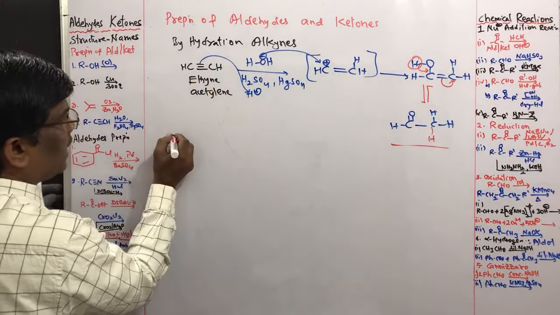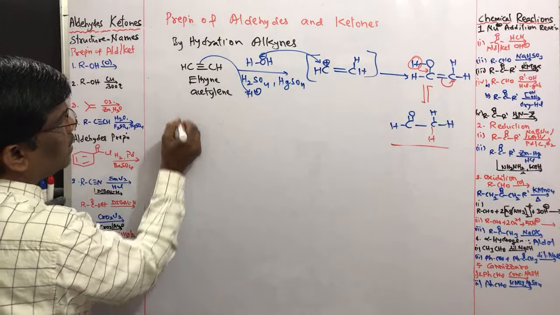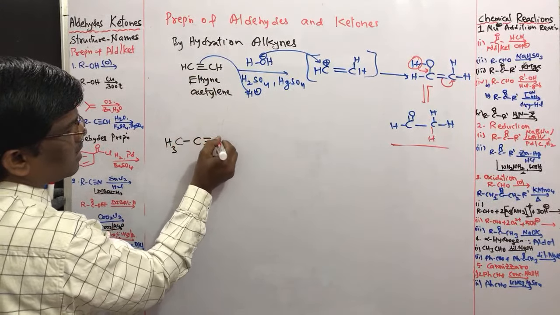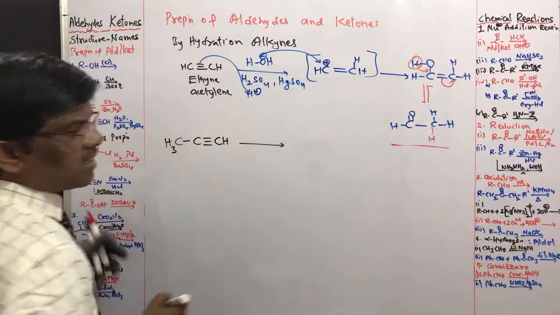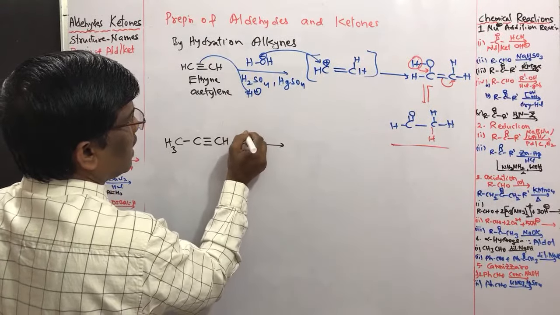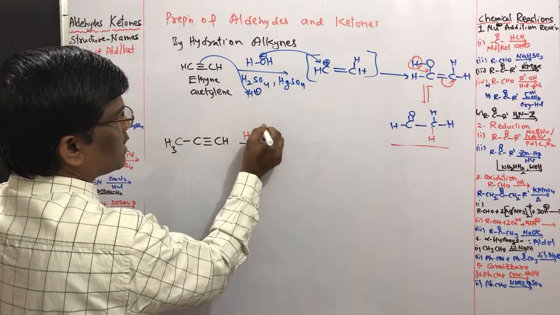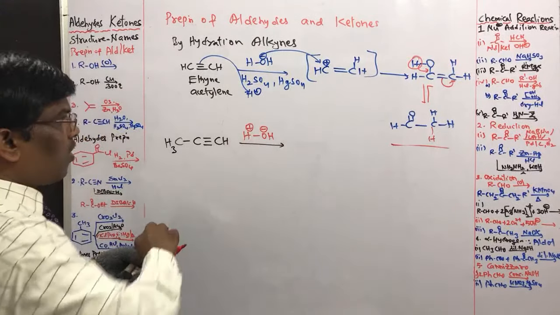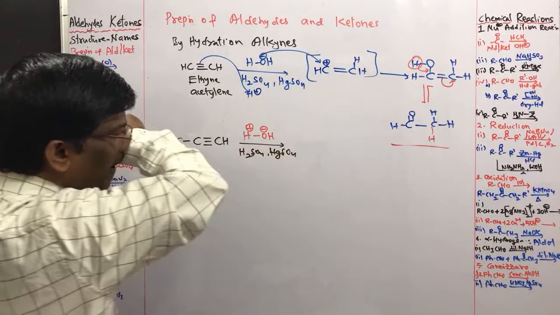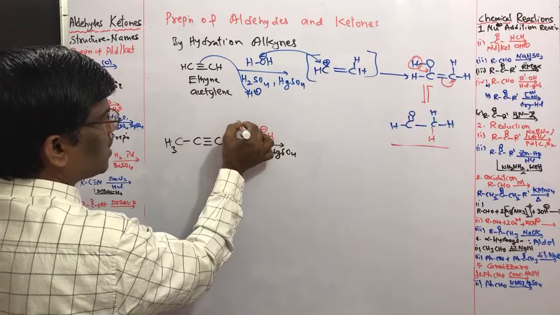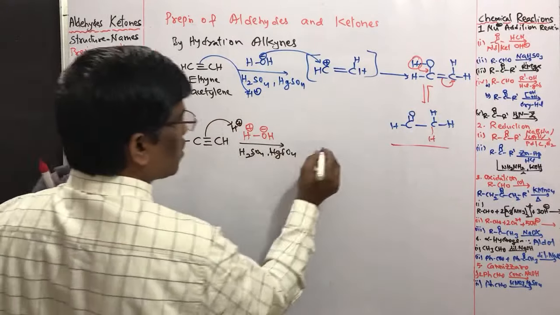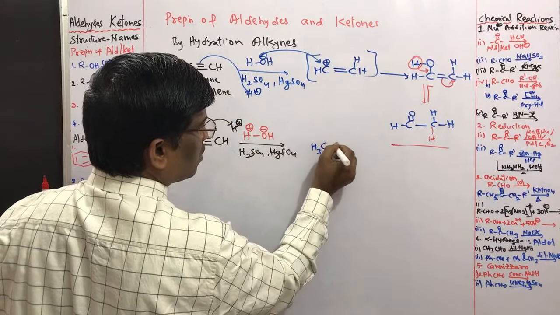For example, if I take propyne, CH3 C triple bond CH, Markovnikov's addition is going to take place, with H and OH minus. In the first step, sulfuric acid and mercuric sulfate give H plus ions in the reaction mixture, which are added to this, and there is a chance of getting two carbocations.